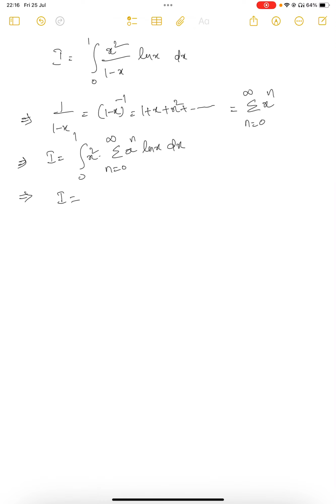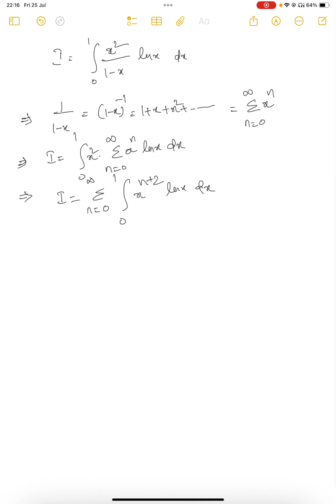Then I equal to, bring this summation out, summation n equal to 0 to infinity integral 0 to 1 x power n plus 2 ln x dx, right? This we can do by integration by parts.